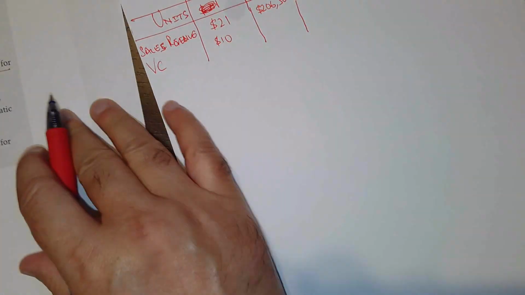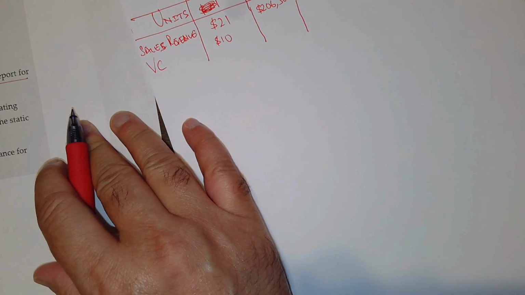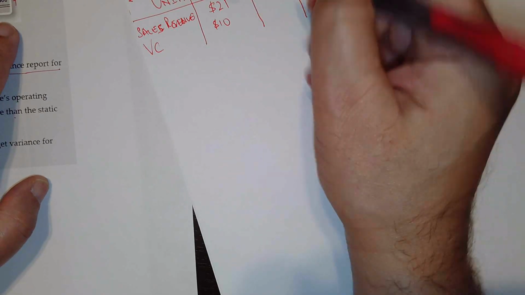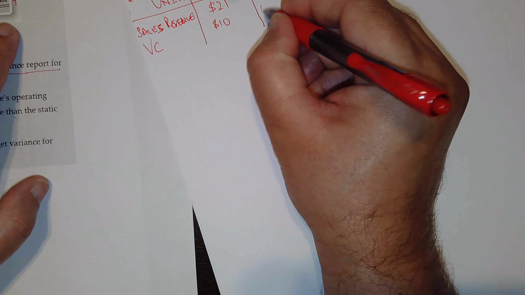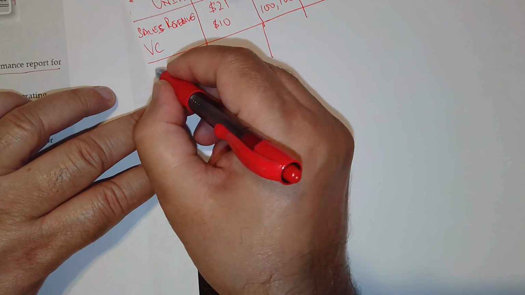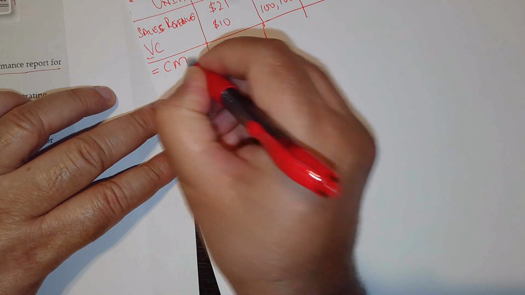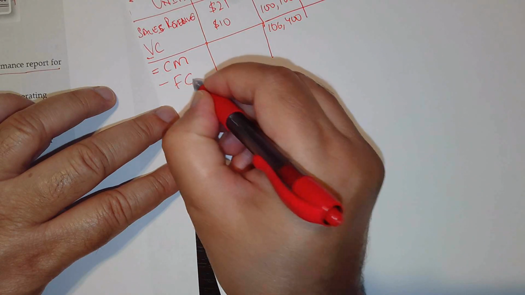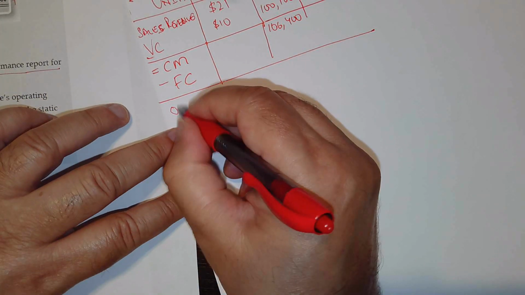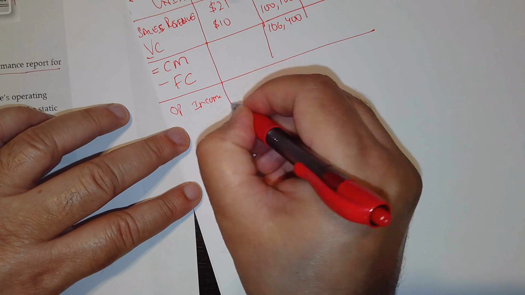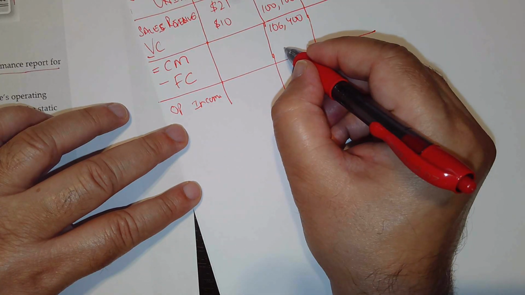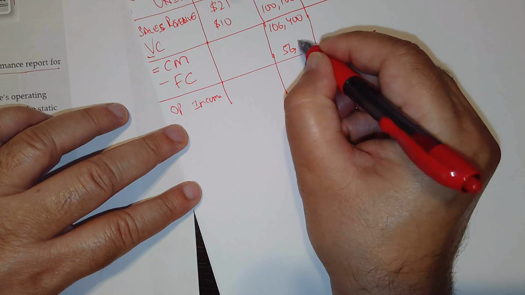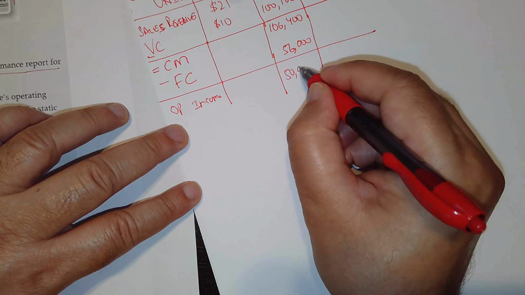This is the number that I am taking from the information that is given to me, and the variable expense is 100,100. That gives us a contribution margin of 106,400, and then we subtract the fixed cost. That gives us the operating income. The fixed cost is $56,000, and that gives us 50,400. All right, so these are actual results.